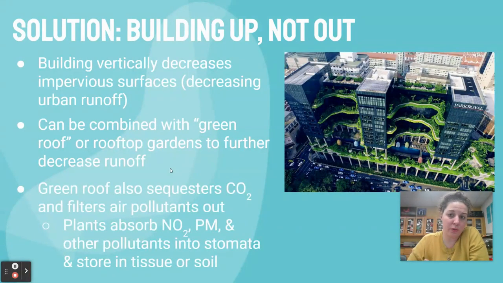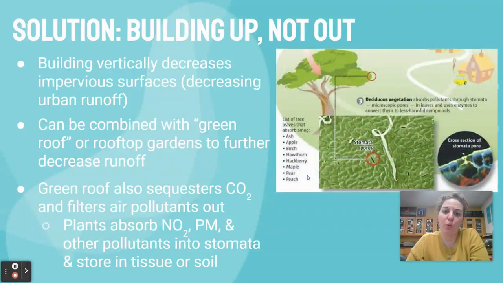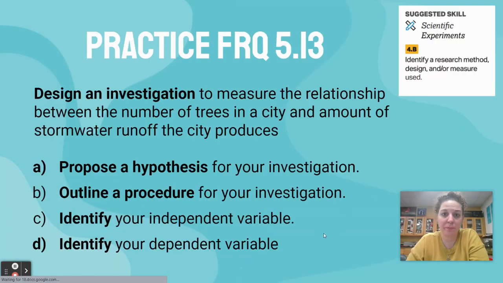They also sequester carbon dioxide and filter air pollutants out, because we know plants can absorb that carbon dioxide. They can absorb all kinds of things like particulate matter and other pollutants and store those in their tissue or their soils instead of us breathing them in.